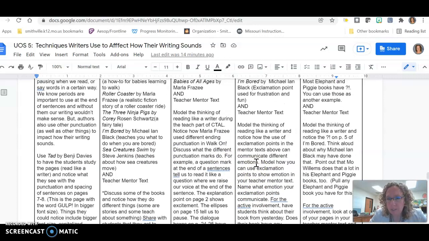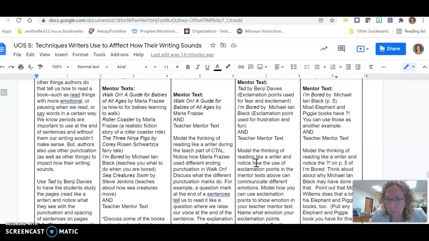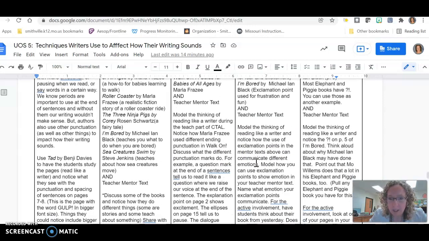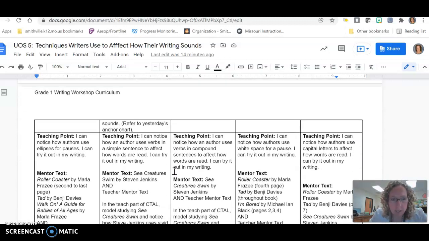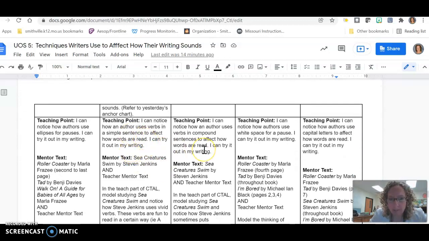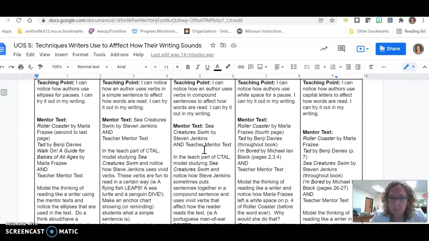The first several lessons do focus on just ending punctuation marks, which is a focus in first grade. And it also focuses on some grammar things, including using simple and compound sentences. Those are taken directly from the first grade Missouri Learning Standards. I know that grammar is a challenge for us, so we're trying to embed those within the units as we can. But then it gets into those other techniques that you can use that impact how your writing sounds.